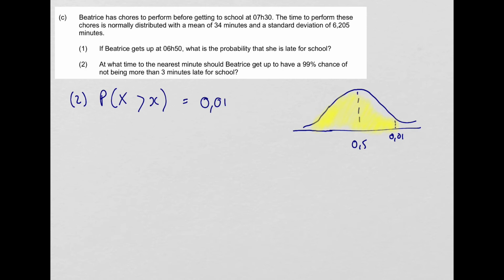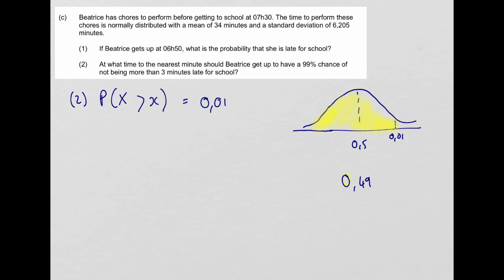So we've got to subtract that 0.01 from the 0.5 to get this area. That's the area we're looking for. So in this case, that area is 0.49, because the 0.49 plus the 0.01 would bring us to 0.5, which is the right-hand side of the mean.